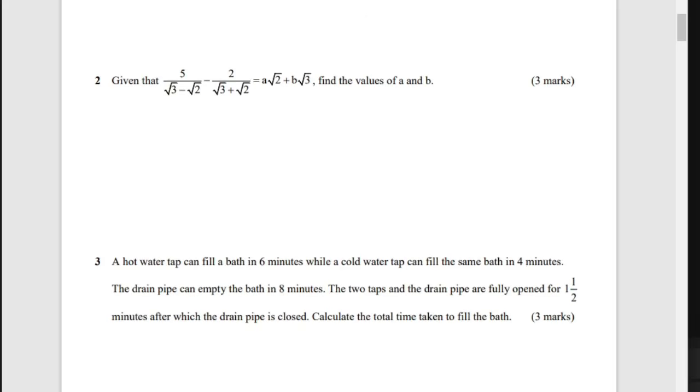When you are given this kind of question, remember you're supposed to multiply with the conjugate of the surd.